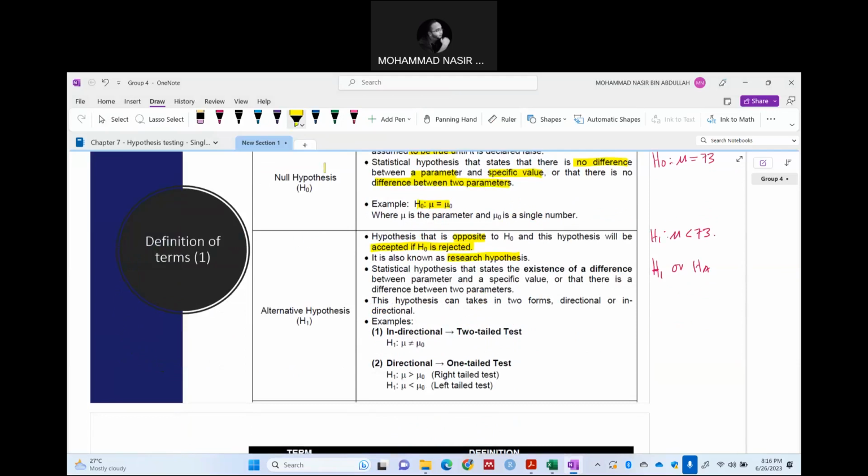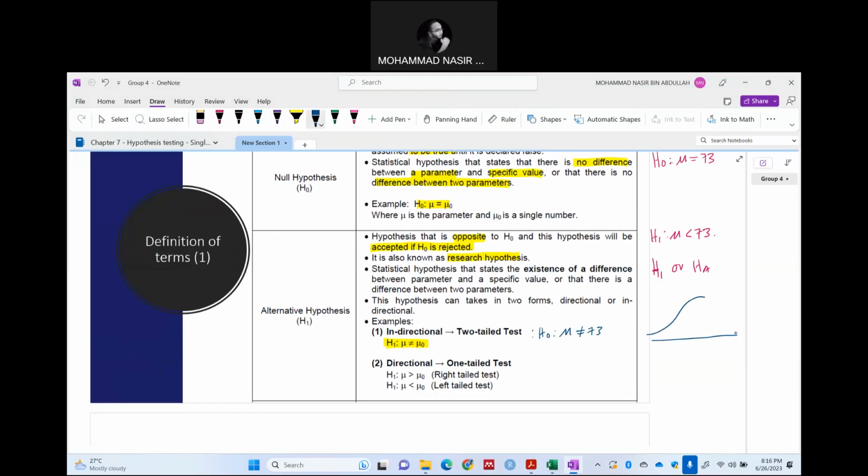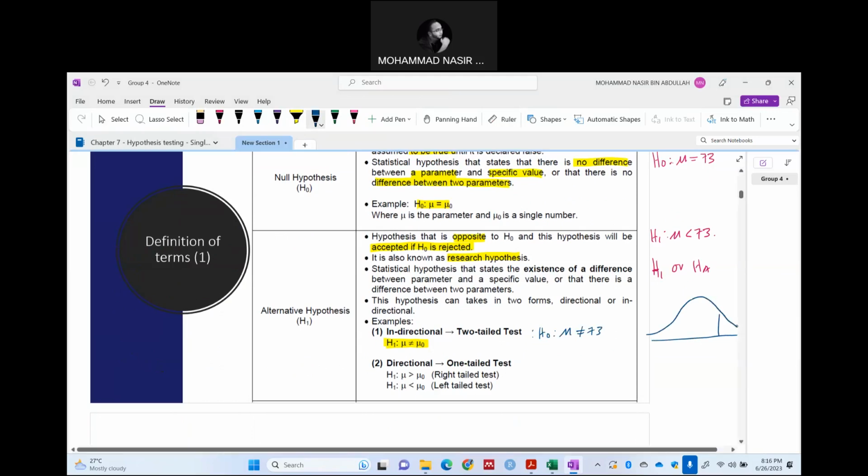So this is an example of two-tail test, where we are testing not equality, which is mu is not equal to some value. So let's say we say that mean weight is not equal to 73. So it's going to be a two-tail test where we are looking into two-sided rejection area, right?